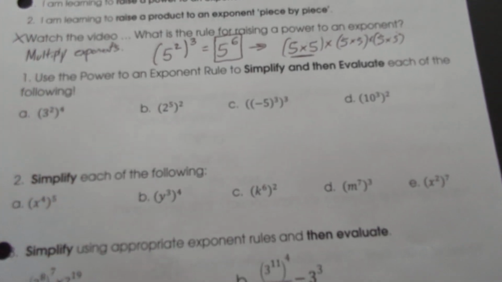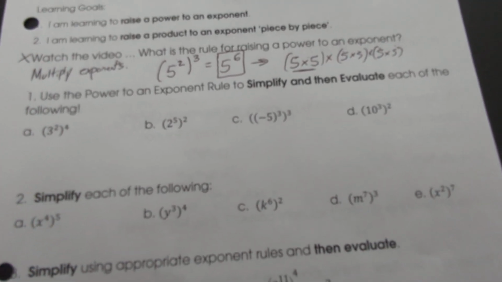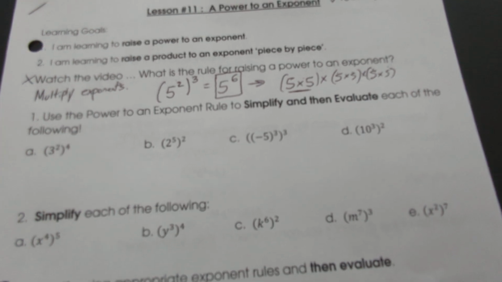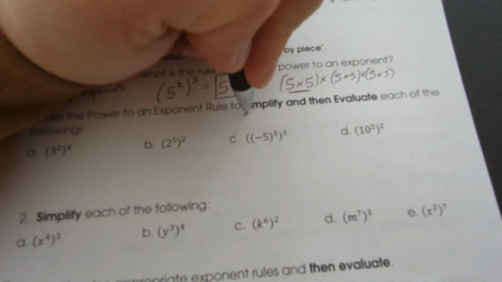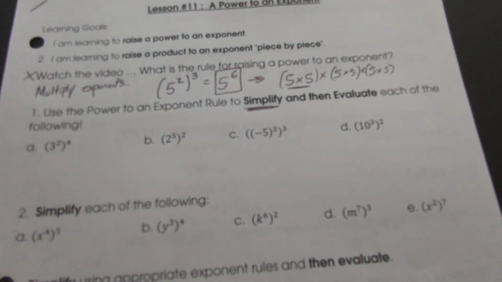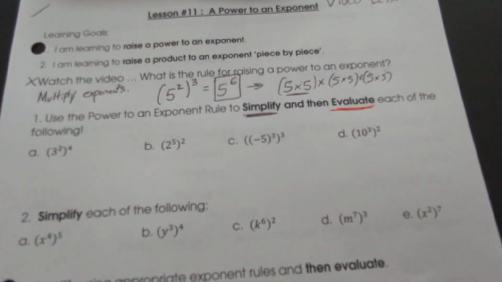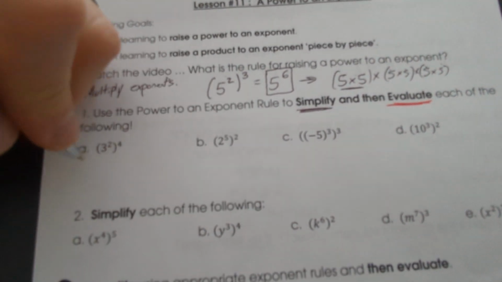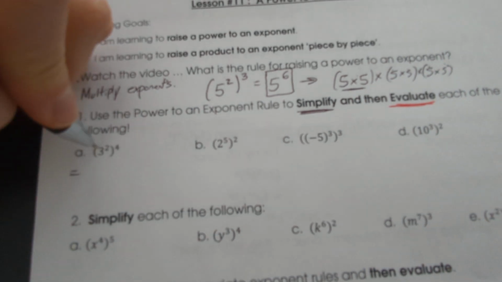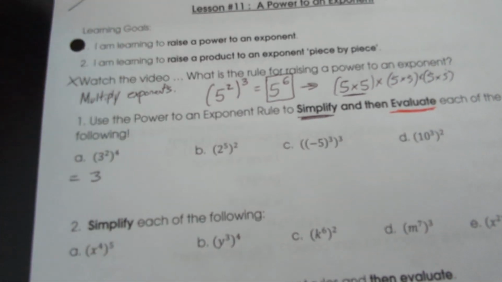So our first example, we're applying this new exponent rule we just learned, and we are simplifying, and then we are evaluating. Remember, simplifying means to do the exponent rule. So this is going to equal, the base stays the same, so it stays as 3.